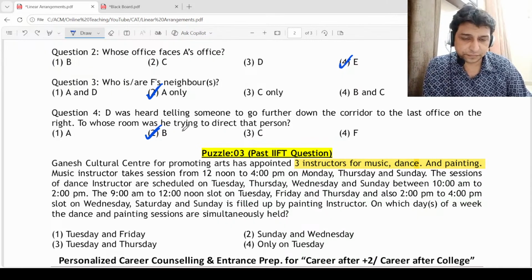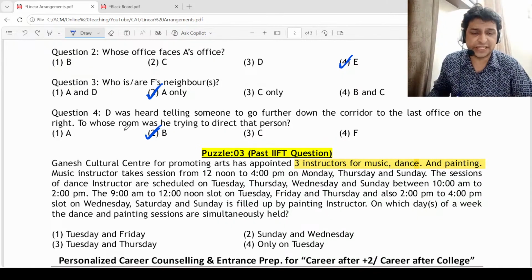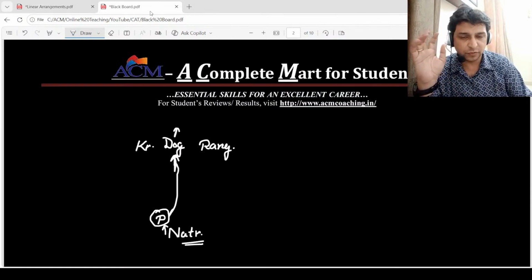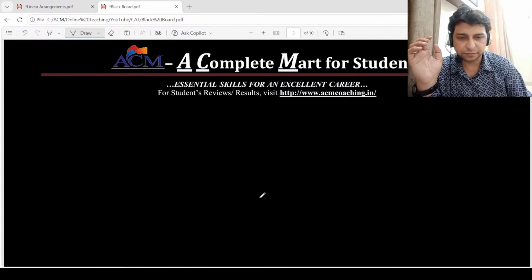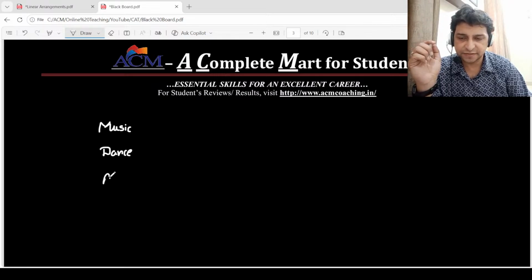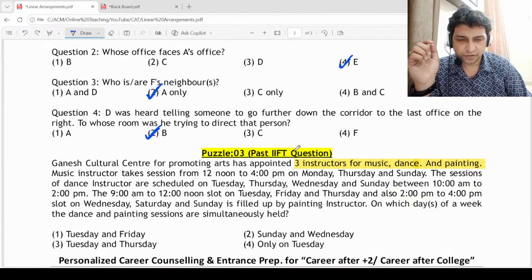So the way to do this question, the basic information which we have, there are 3 instructors. So let's make the 3 instructors first: music, dance, and art. Music instructor has given the option of time.